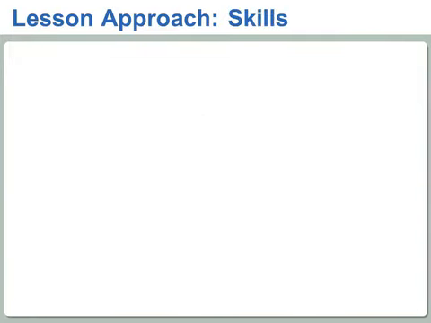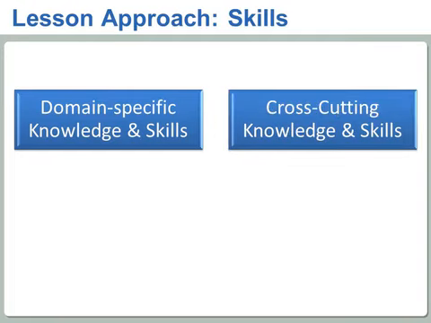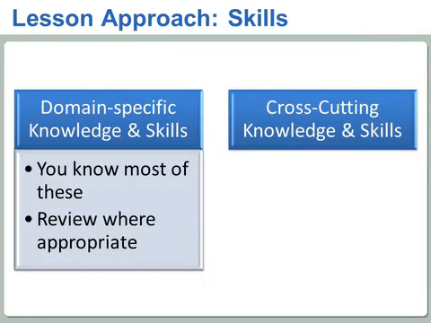And when it comes to the skills that you need to know for the PMP exam, there are 2 types that are defined by PMI. The first are these domain-specific knowledge and skills, and the cross-cutting knowledge and skills are the other. In regards to the domain-specific skills, well, you know most of these already. We will review them where appropriate.